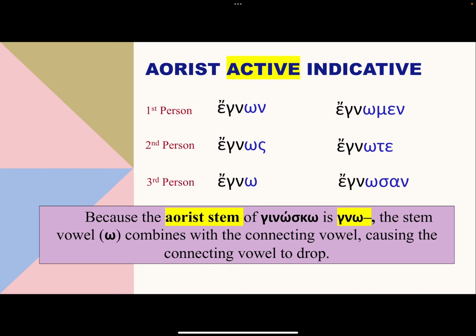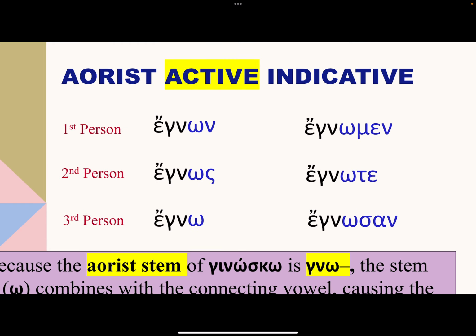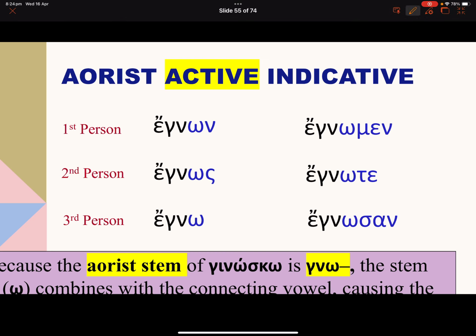And so instead of getting gen on, right, or on, these two vowels combine or contract, and essentially that omega just ends up dropping out.